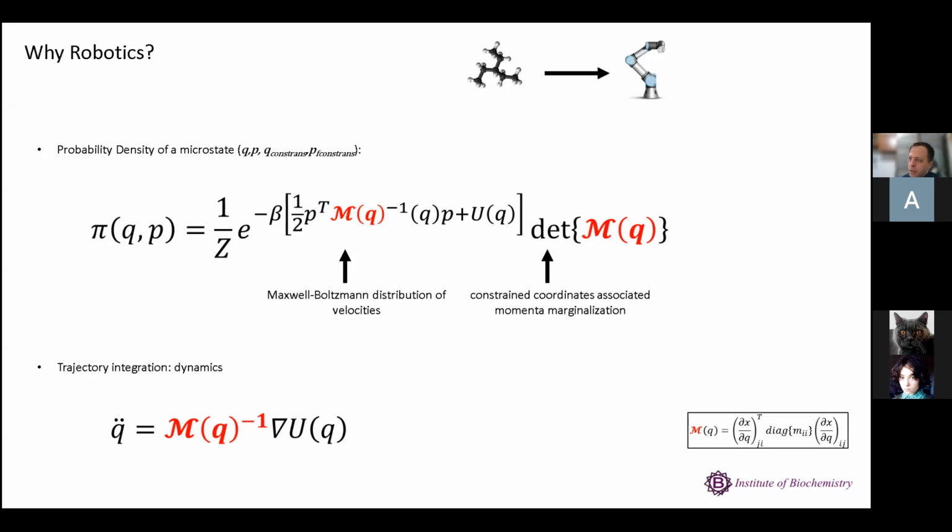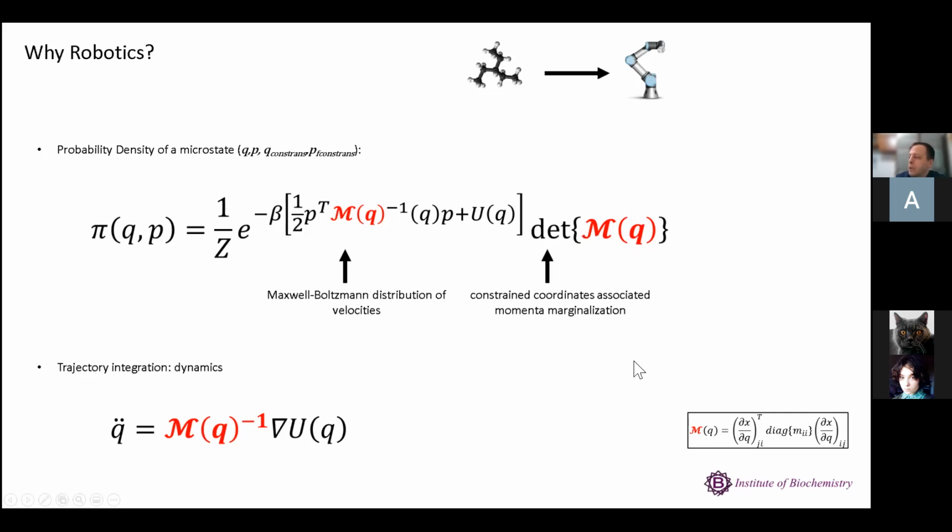We're just interested in random sampling, but we have to sample from the correct probability distribution. Usually the probability is represented here. It's the exponential of a term that includes the temperature, and then there's the kinetic energy and the potential energy.